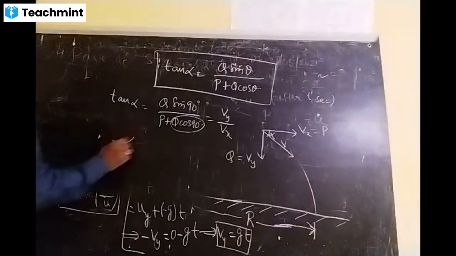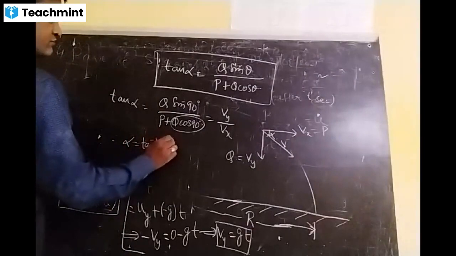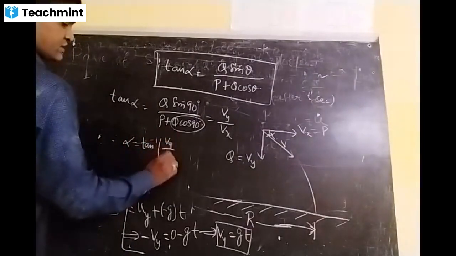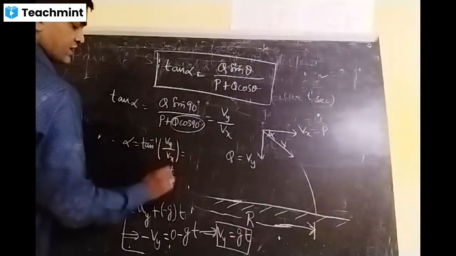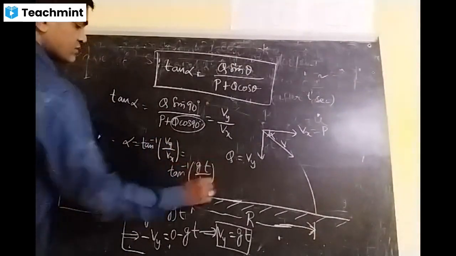Therefore, alpha is equal to tan inverse of Vy upon Vx, which is equal to tan inverse of gt by u, the same formula we are using.